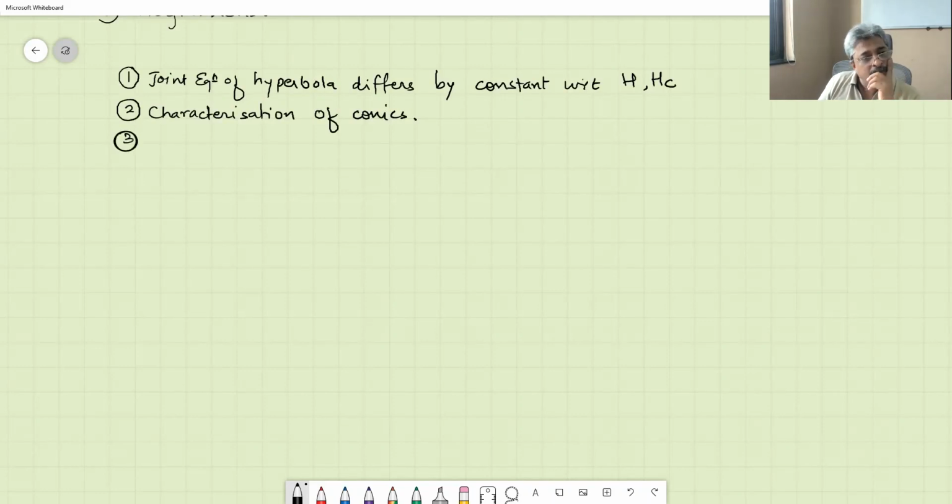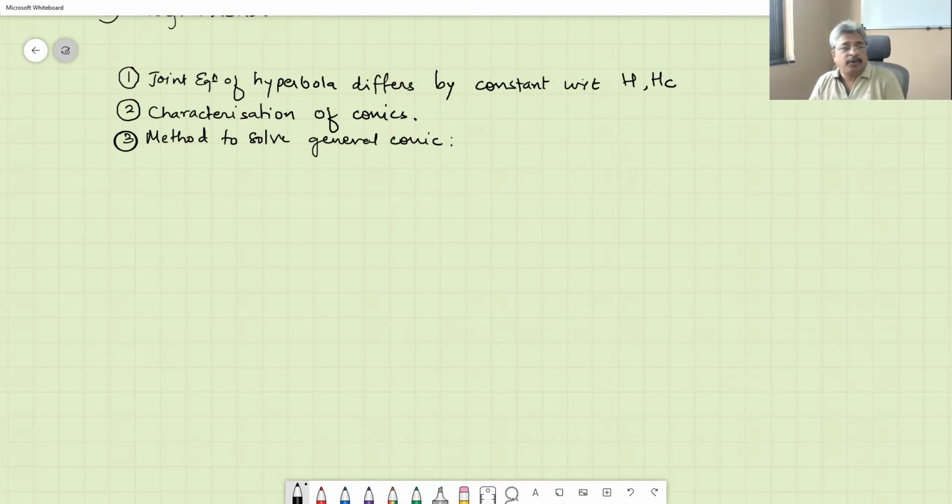Third, the method to solve a general conic, out of which parabola I think we have done for that exam. Parabola we have solved. But then ellipse and hyperbola, how are we going to solve quickly if it is in general position, a degree 2 equation? So we have to discuss these points today.